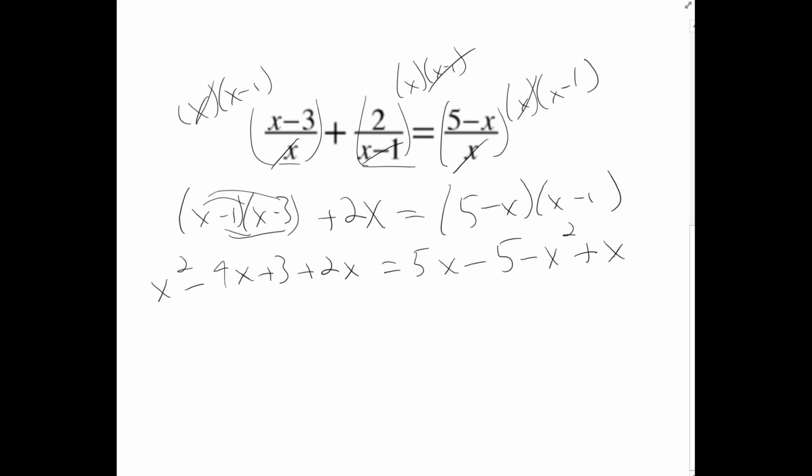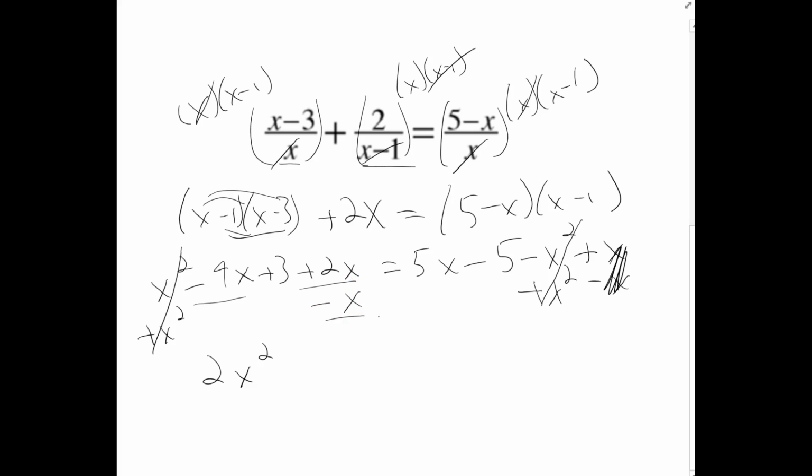Let's make it look even easier though. Let's add this x squared to this side over here. Okay, so I have 2x squareds. Let's subtract this x over here, and also combine, so now I've got negative 4x plus 2 minus 1.